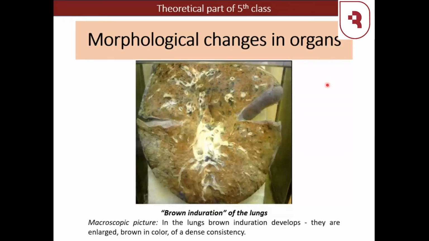On this slide we may see brown induration of the lung. The lungs become solid and brown in color, and the changes in the lungs are associated with venous hyperemia, diapedesis, and the formation of a special pigment, hemosiderin.